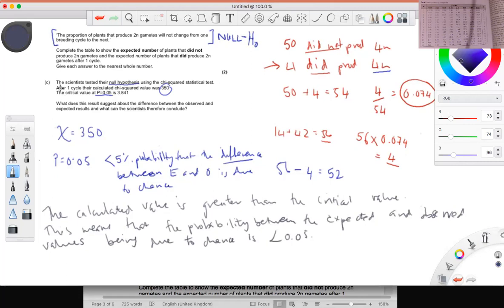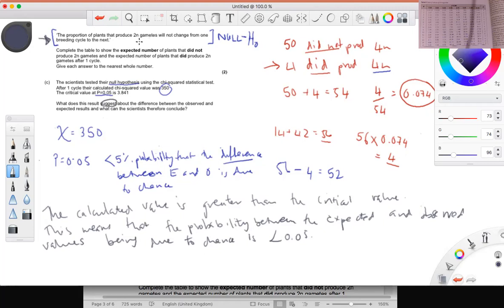So what does it mean? It says here, what does this result suggest? So that's what the result suggests. It suggests that the probability between the expected and observed values being due to chance is less than 0.05%. And what can they conclude? Well, let's go back, because we've been given a null hypothesis over here. We've got a nice null hypothesis. What can they conclude about that null hypothesis?